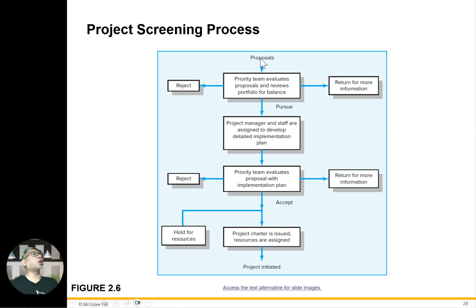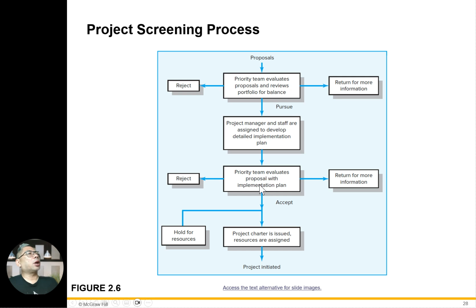Project screening process: you go through the process here. Priority teams evaluate the proposal and review portfolio balance. If it is rejected, go here and ask for written information. If it continues to be pursued, the project manager and staff are sent to develop detailed implementation plans, and then it goes back to the priority team to evaluate the proposal with the implementation plan.